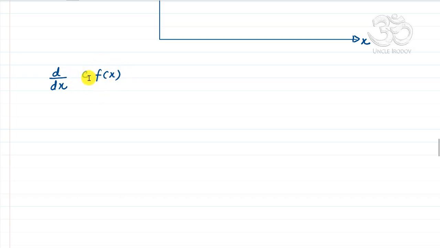That can still be done if I take this c outside, and then I find the slope of f(x) first, and then I multiply every term of that with that constant. Right, so we will have c times d by dx of f(x). So these are the first two intuitive rules, and the others will follow easily based on these rules. So let's go to those formulae.